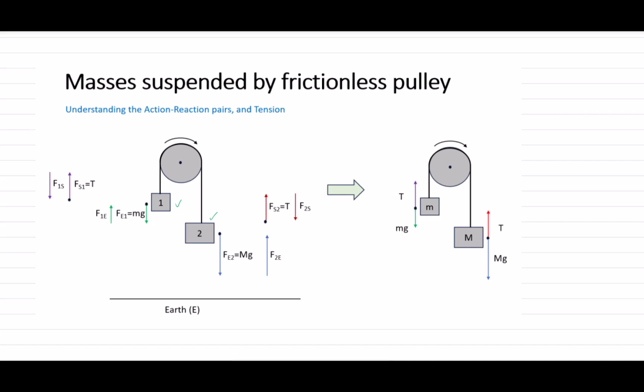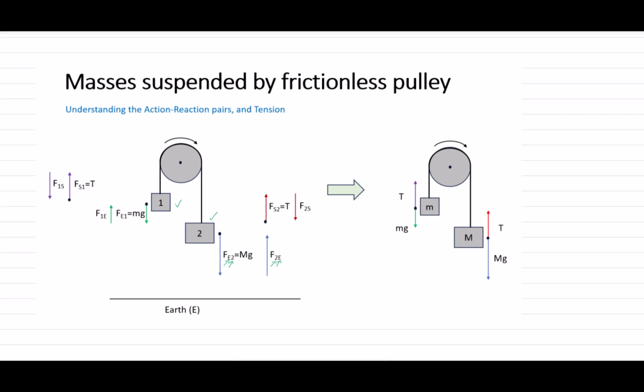About the gravitational force between object 2 and Earth, the two forces involved are the force by Earth on object 2, which is given as the weight of the object, m times g, and the other force out of the action-reaction pair, the force exerted by object 2 on Earth, F2E. I have indicated them with a dedicated color, and they represent the action and reaction pair.